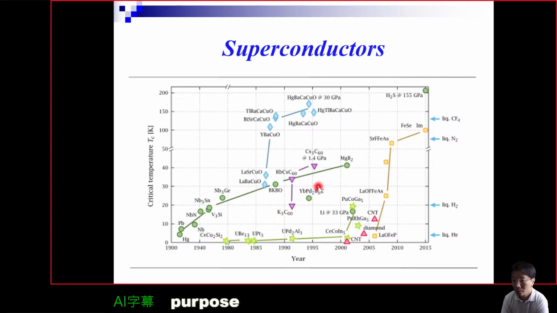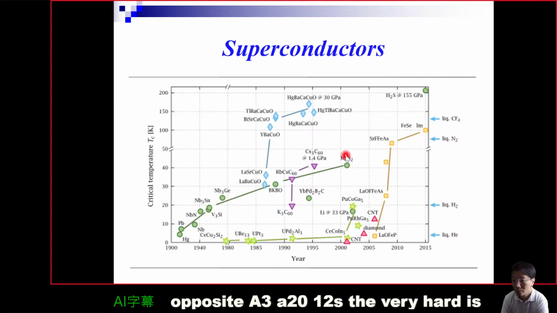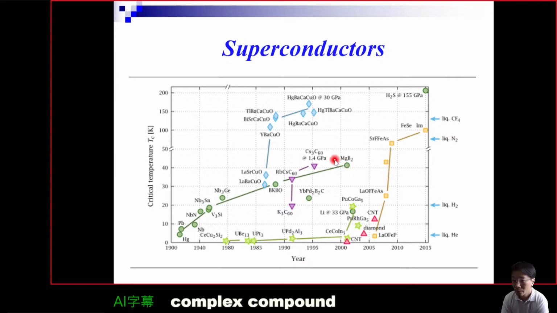Okay, so since the beginning of the 21st century, MgB2 is another very hot superconductor because it's not a cuprate compound. It's pure.